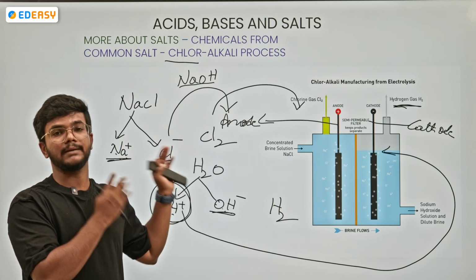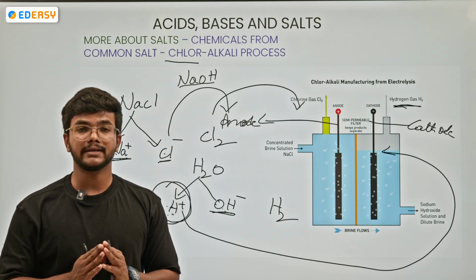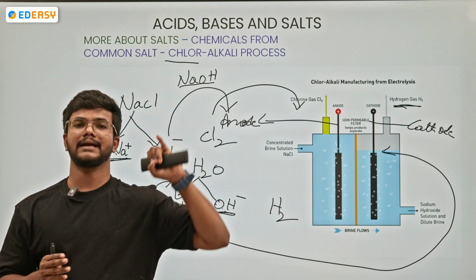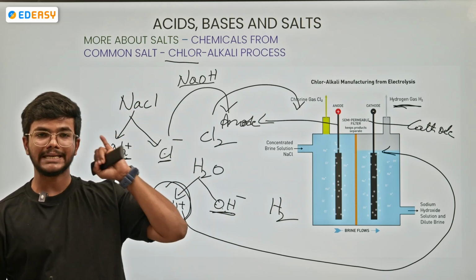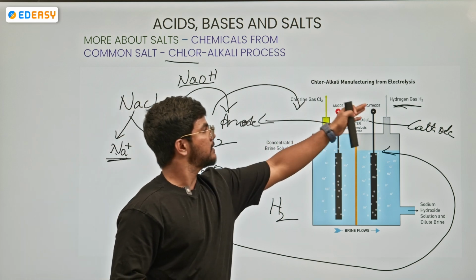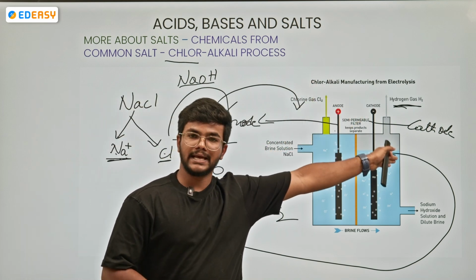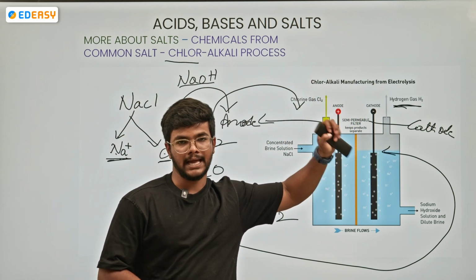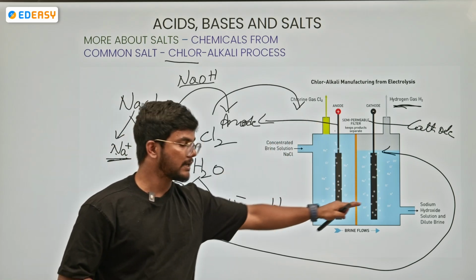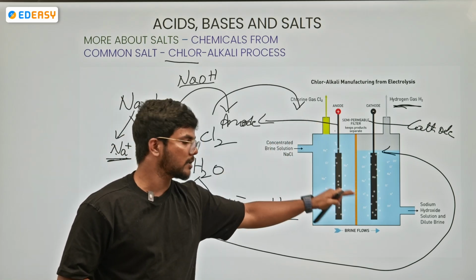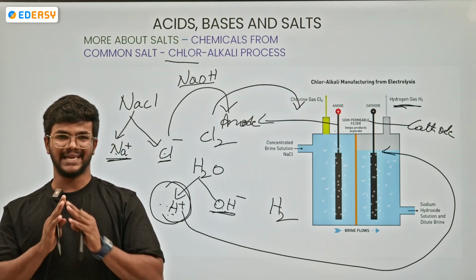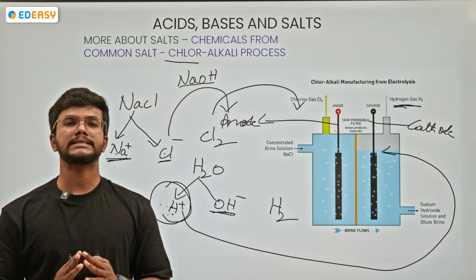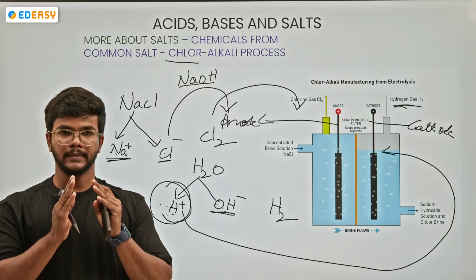Let me repeat once again. The chloralkali method produces chlorine gas, hydrogen gas and NaOH, which is caustic soda. Chlorine gas is collected at the anode, hydrogen gas is collected at the cathode, and the remaining NaOH is collected at the bottom of the vessel, which is sodium hydroxide, a strong base. Hope you understood the chloralkali process.